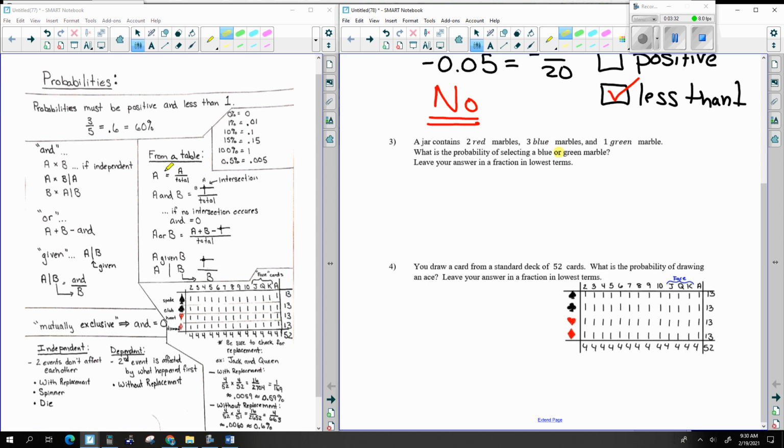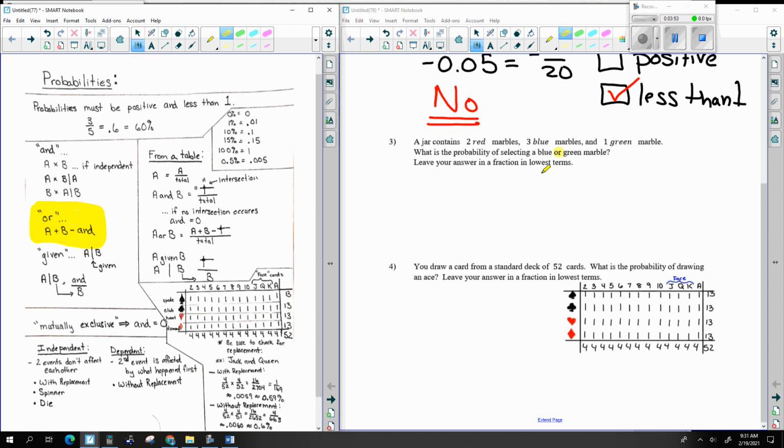If I take a look at my page on the left here, or in general is an addition. Don't worry about the word and right now. Or in general is an addition. So I add these probabilities together.